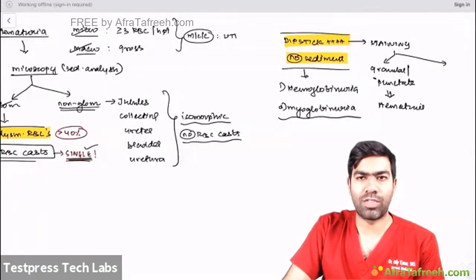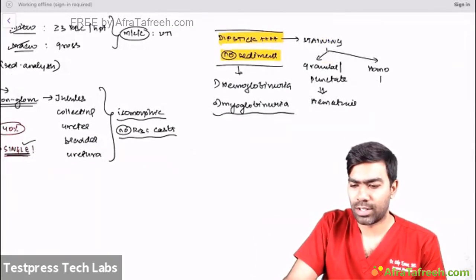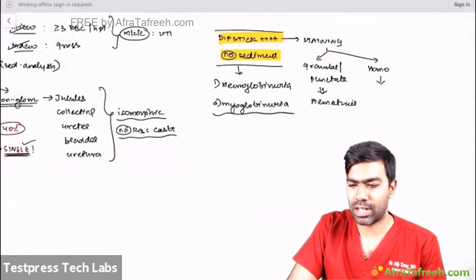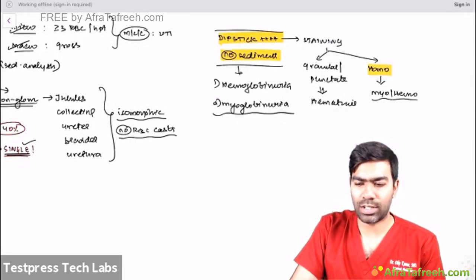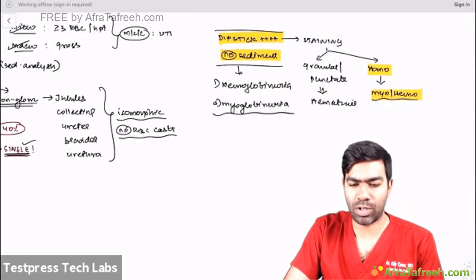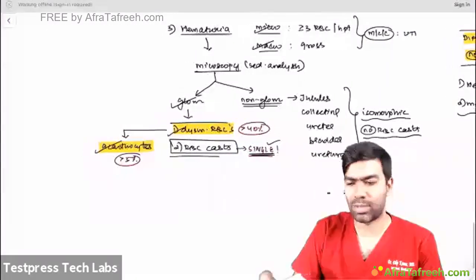But if you have a diffuse, or what we call a homogeneous, kind of staining in the dipstick with blood, then that is suggestive of a myoglobinuria or a hemoglobinuria. So a homogeneous type of staining indicates myoglobinuria or hemoglobinuria. A punctate or granular staining goes towards a hematuria usually. That's another point that you need to know.